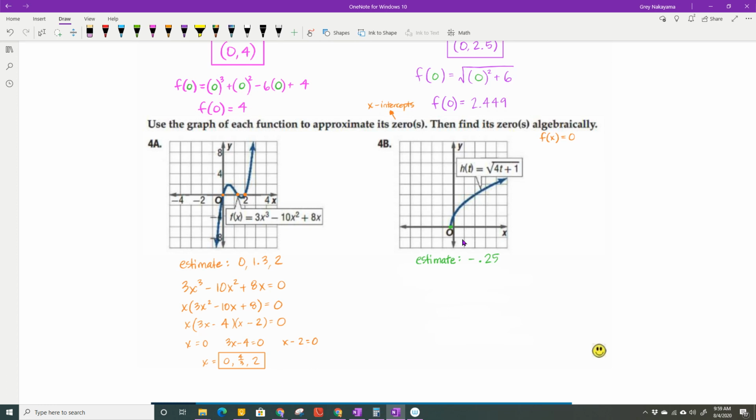So when we set that equal to 0, remember when you have a radical and you want to solve for that radical, I'm going to square both sides of my equation. So that gets rid of the radical, and 0 squared is 0. Take the 1 over to the other side by subtraction, divide by 4, so I have t equals negative 1/4, which is negative 0.25. So that sums up the first part of 1.2.